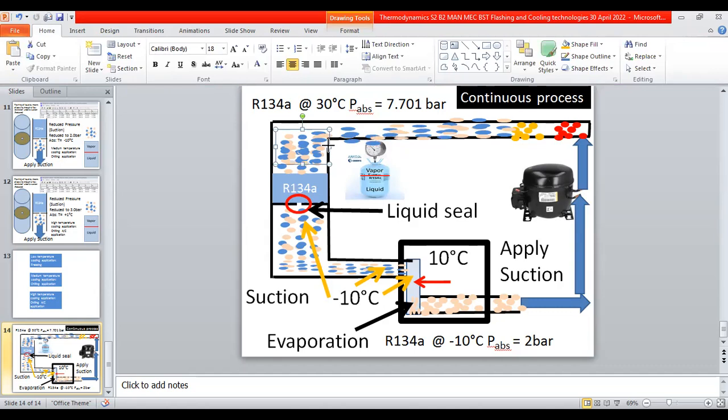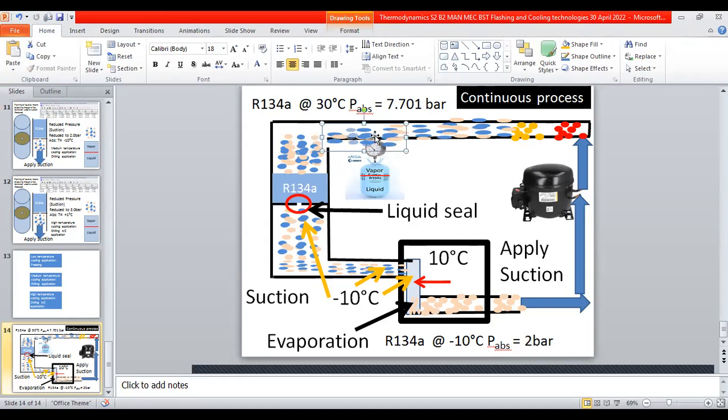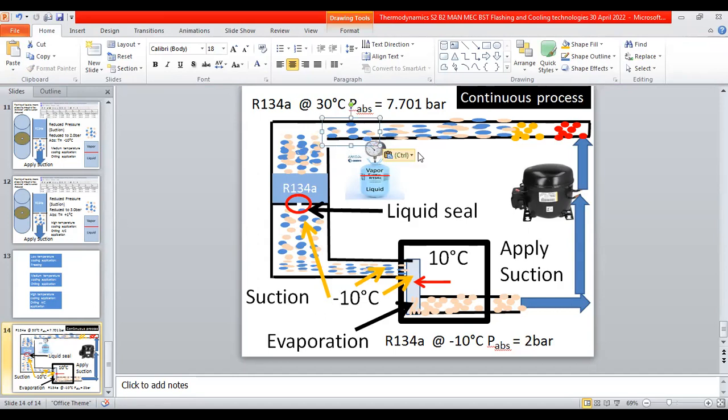Nice. So here, when more liquid appears, it means all the gas will be turned into liquid afterward. So turning gas into liquid is something like condensation.